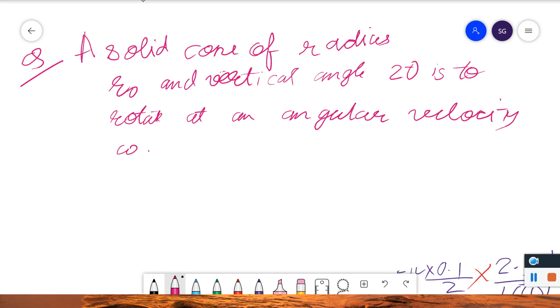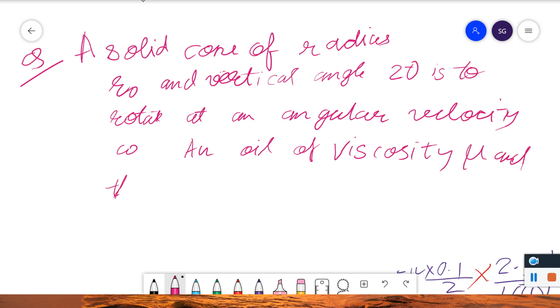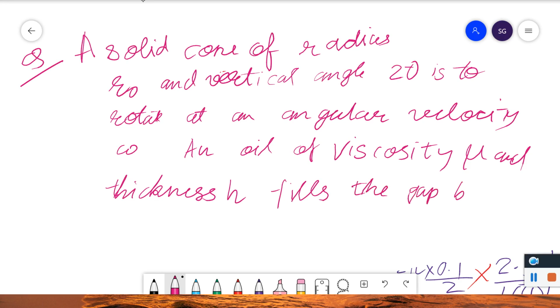An oil of viscosity mu and thickness h fills the gap between the cone and housing.